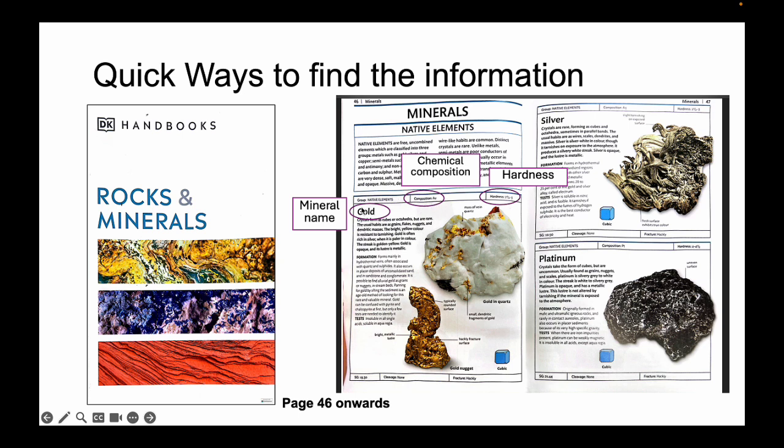You may use this information as your data for your results table. However, not all the minerals are available in these handbooks. In that case, you still need to use the deluxe hardness pick set, or use Google to find the properties of your selected minerals.